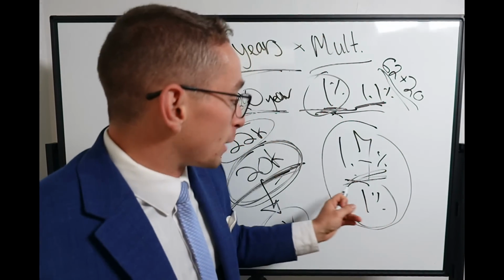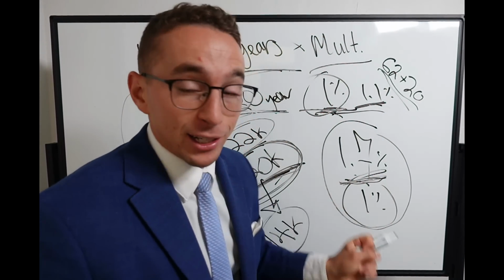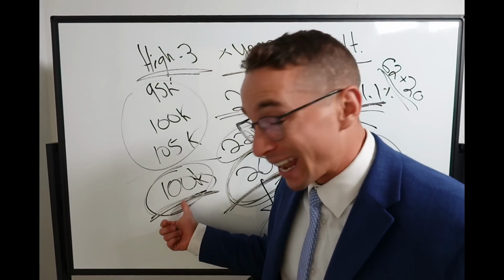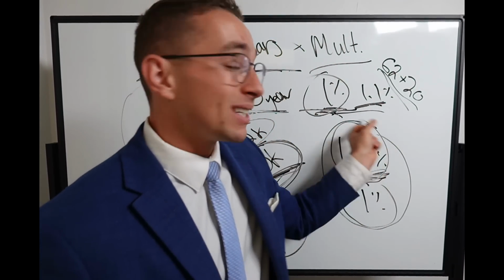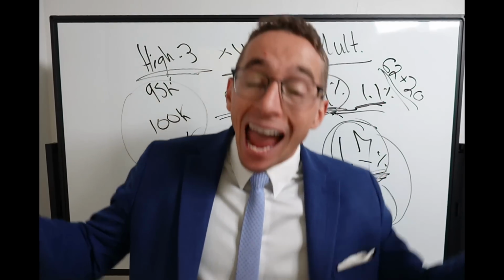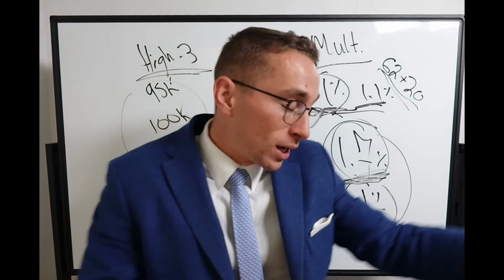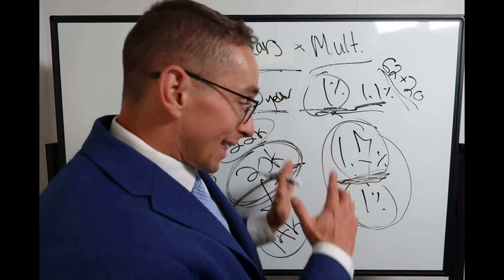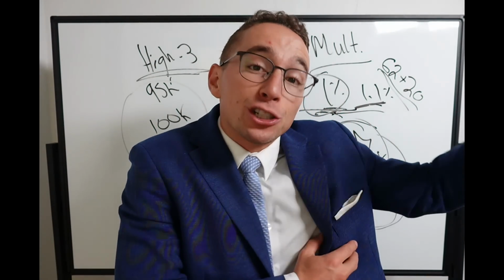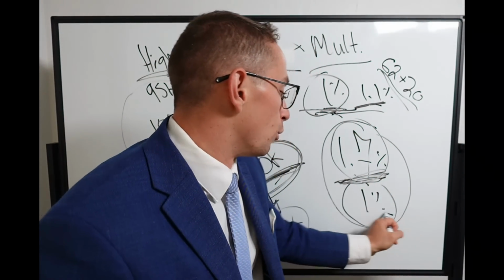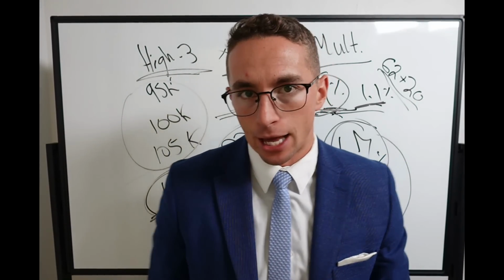If you're special provisions, what you would do is 100K multiplied by 20 years multiplied by 1.7. And if you have any additional years above 20, then you take that number plus 100K multiplied by the additional years above 20 multiplied by 1%, and you add everything together.